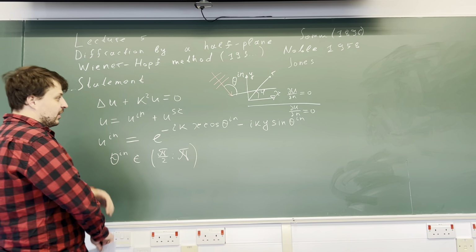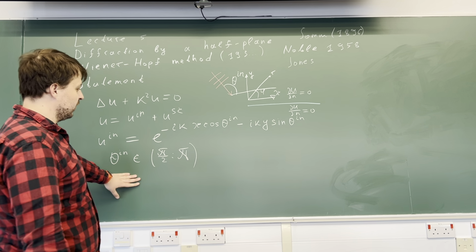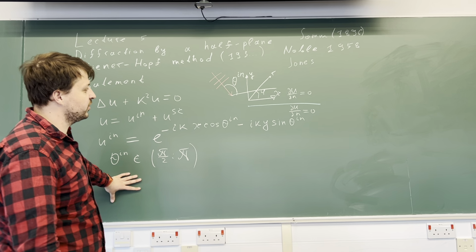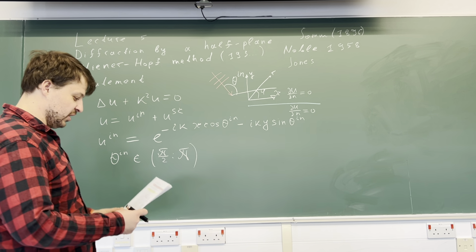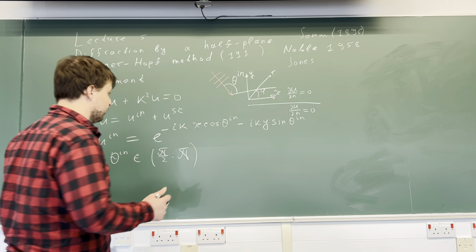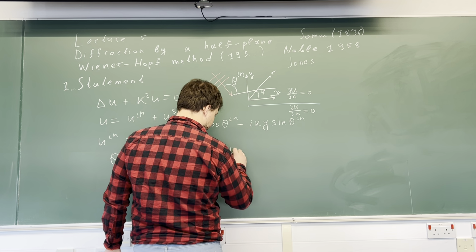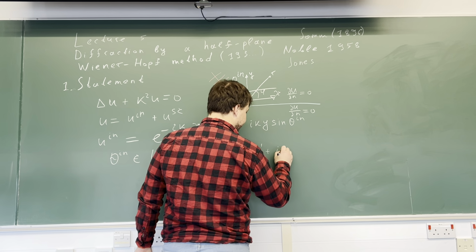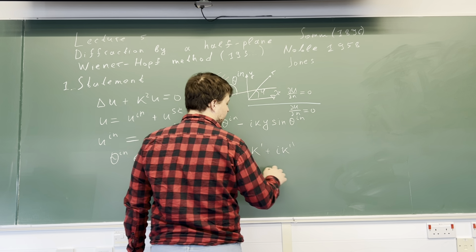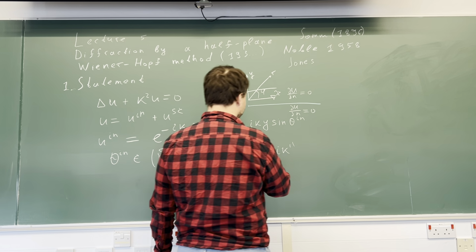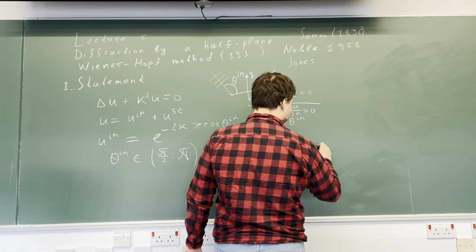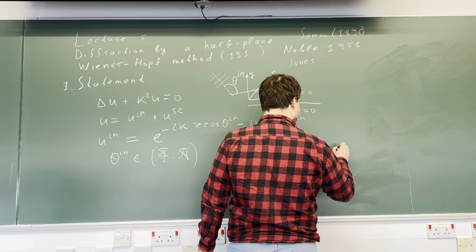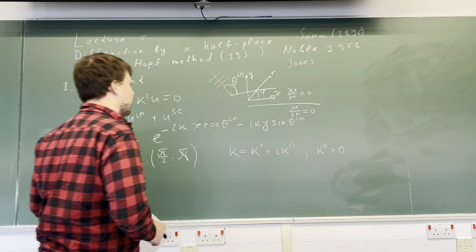And that I will use when I am posing the radiation condition. So now I will have my radiation condition in terms of the limiting absorption principle, where I suppose I have a real part of the wavenumber and a small imaginary part, which is positive.